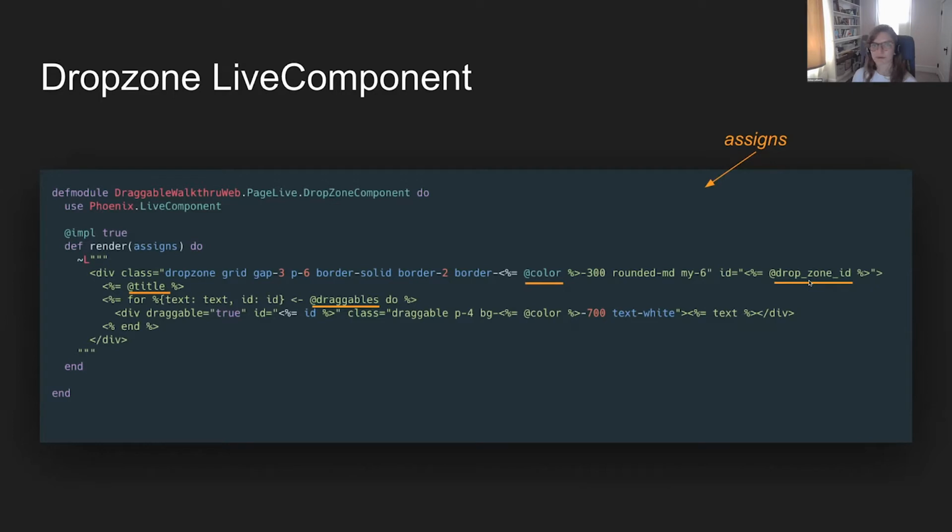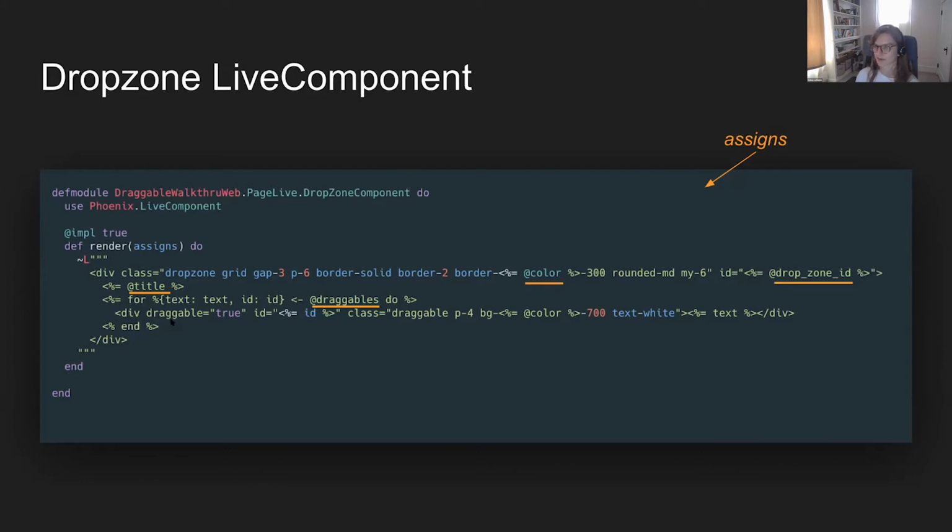It'll get a Dropzone ID, which we'll need later when we are handling client-side events and we want to know which Dropzone a draggable was dropped into. It'll have a title that's just to label the Dropzone, and then it will have a draggables list. With that draggables list, we'll just iterate over it using a for loop, and we'll get the text and the ID out of the draggable, and then we'll render the draggable as a div.